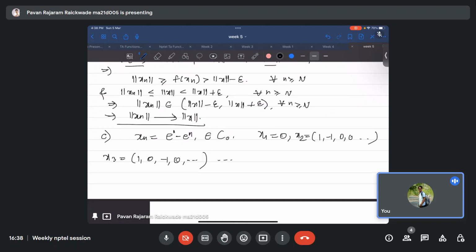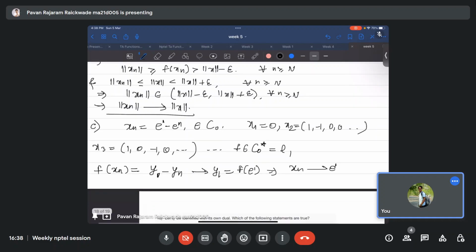So where does xn go? For every f belongs to c naught star, which is L1, f of xn equals y1 minus yn. Where will this go? This will go to y1, which is f at e1, which implies xn goes to e1 weakly.